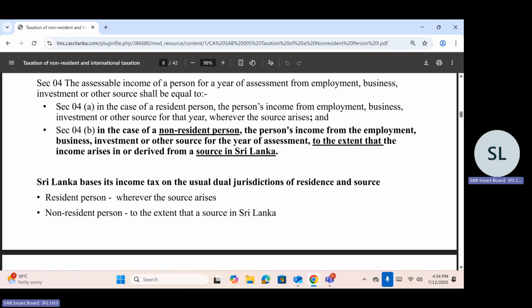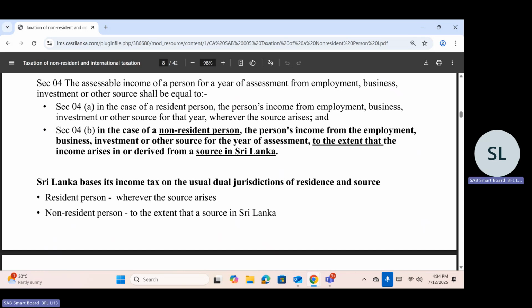So the Sri Lanka basis of income tax is usually a dual jurisdiction of residence and source. Therefore, we are following two principles: the resident principle and the source principle.